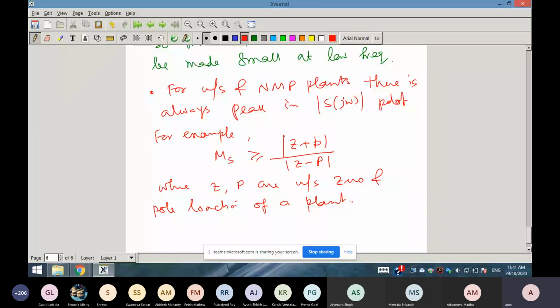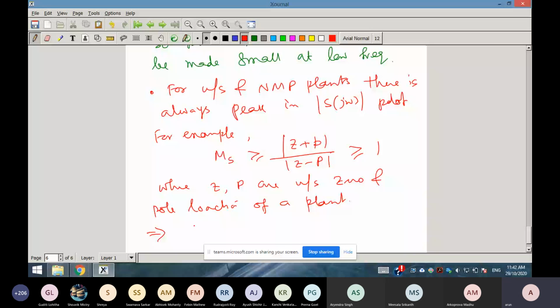That is of course greater than or equal to 1. So Ms even less than 1 you cannot guarantee for an unstable non-minimum phase plant. There will always be a peak in the S(j omega) plot, and therefore Ms will be greater than 1.